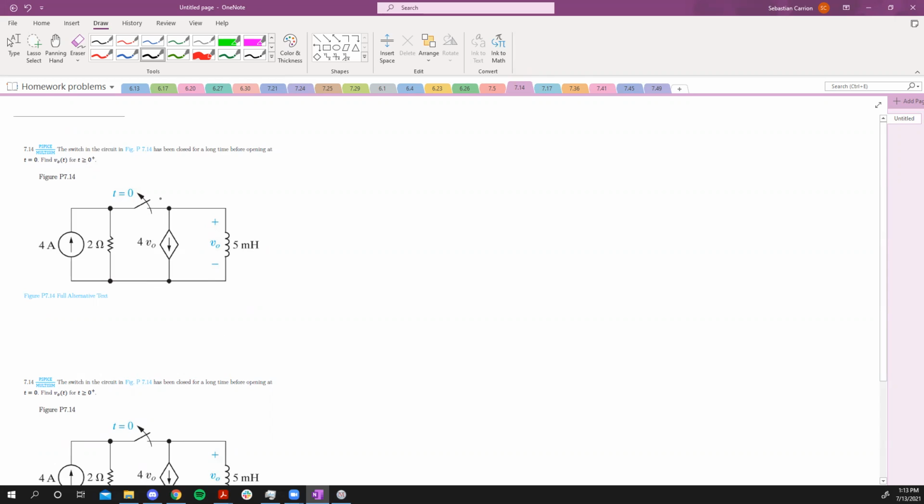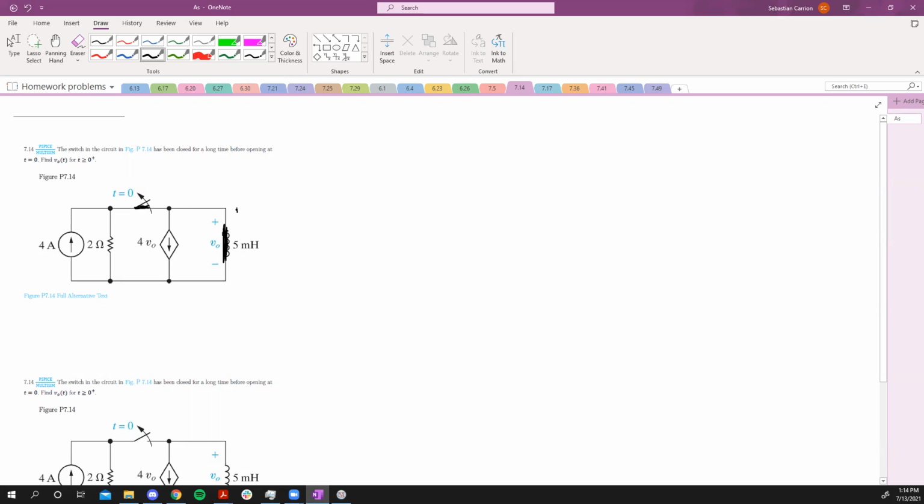Before 0, we know the switch has been closed, right? So this 4 amps current is going to follow the path of least resistance, and before 0 this inductor is already going to be a wire.